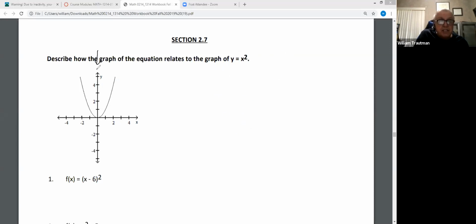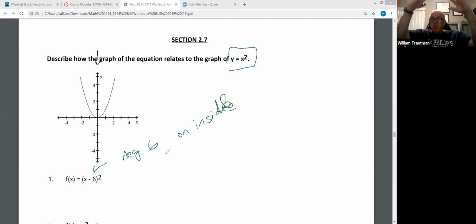So here it says, describe how the graph of the equation relates to this one. As soon as you see this, you say a -6 on the inside.